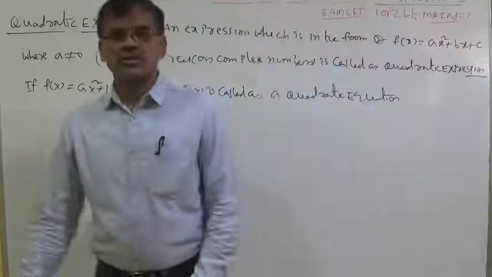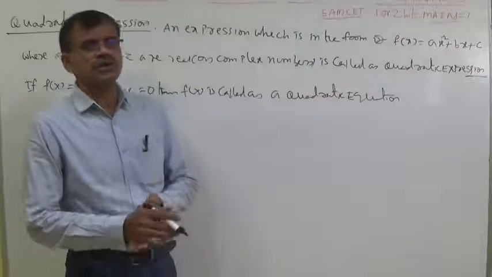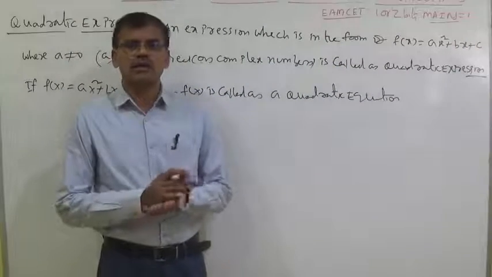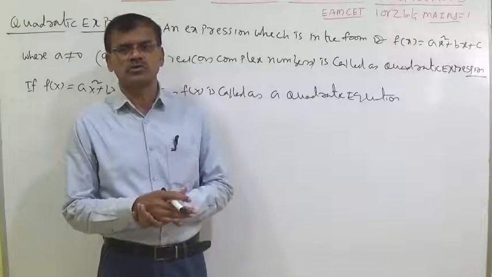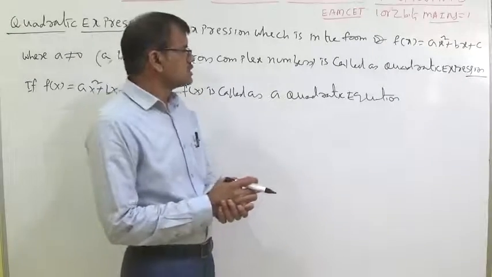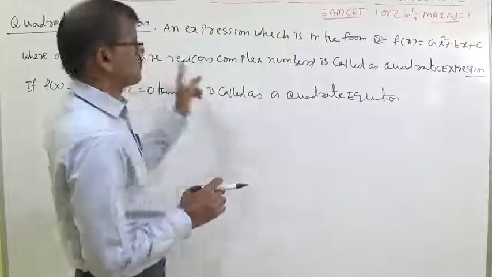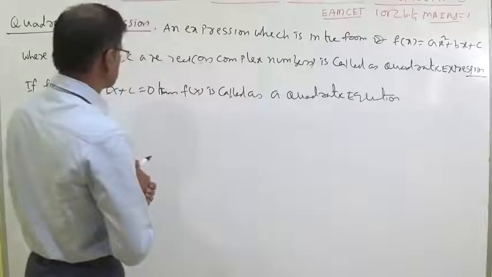The expression ax square plus bx plus c equal to 0, where a not equal to 0 and a, b, c are real or complex numbers. So maybe real or maybe complex, or both. The term ax square plus bx plus c is called a quadratic expression.